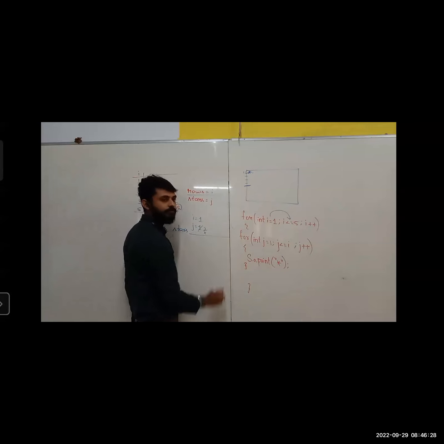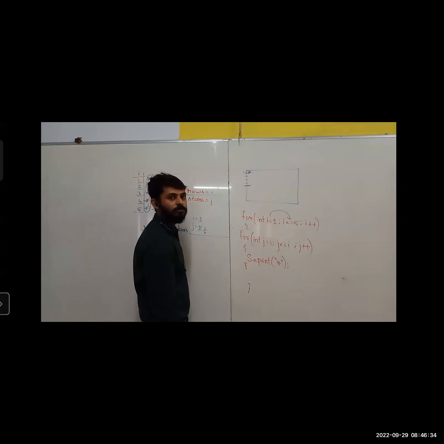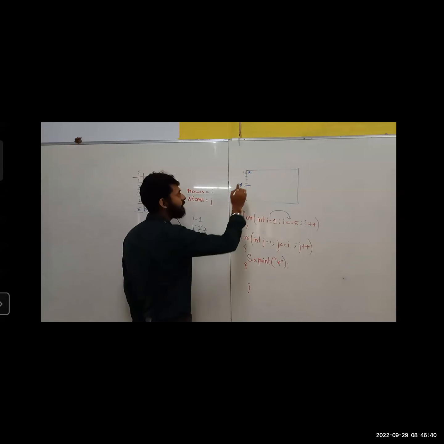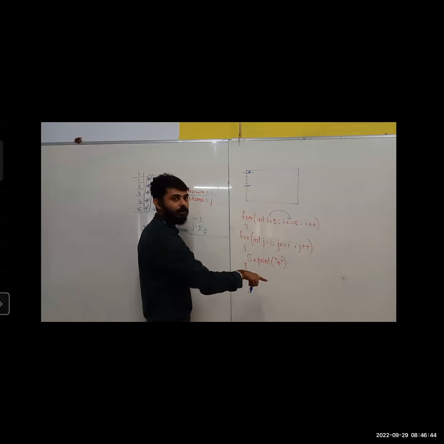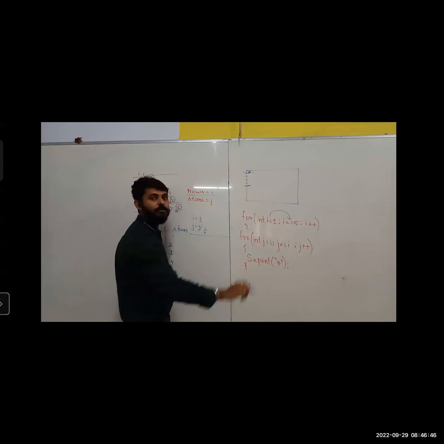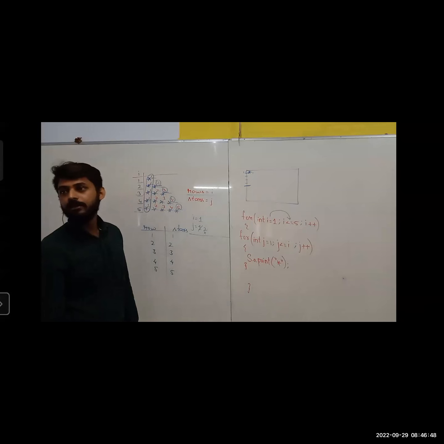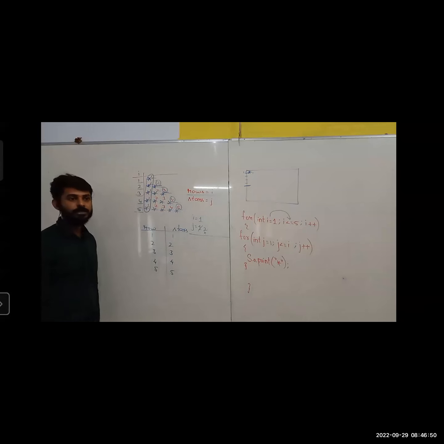Fails. Once it fails, where will it go? It will go to the outer loop increment. But where is my cursor present? In the same line. So in the next iteration, it will try to print star, but it will print it in the same line. All the stars will be printed in the same line. But is that the expectation?